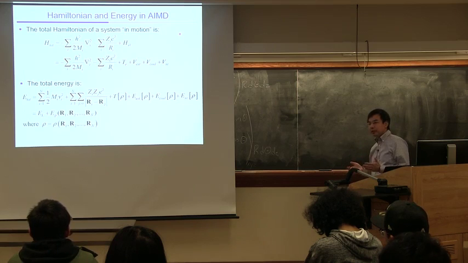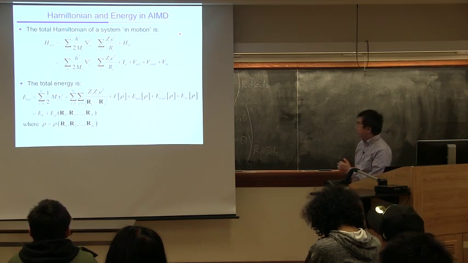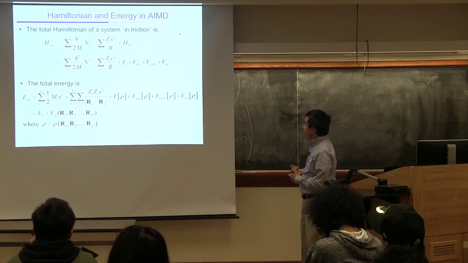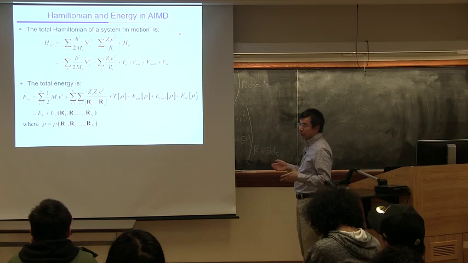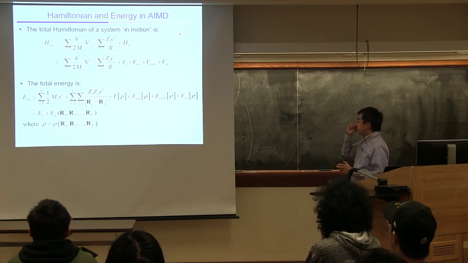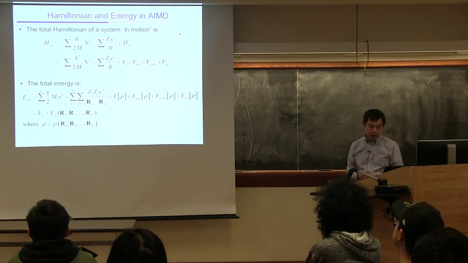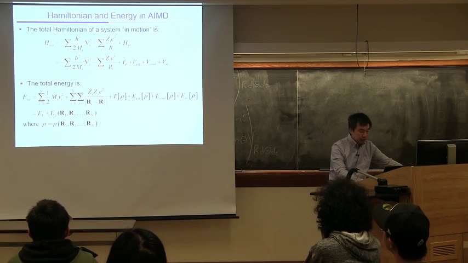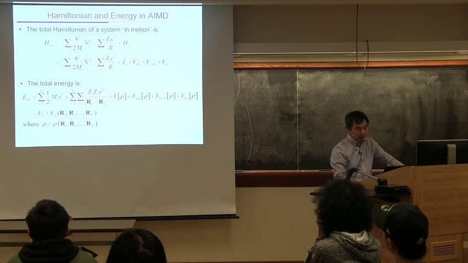How do we run AIMD simulation using first principles, right? Now we need to let the system move, right? So if the nuclei are also moving, then what's the total energy or total Hamiltonian of a system in motion? Okay, so for the total Hamiltonian we still need the electronic Hamiltonian, which is the last term.